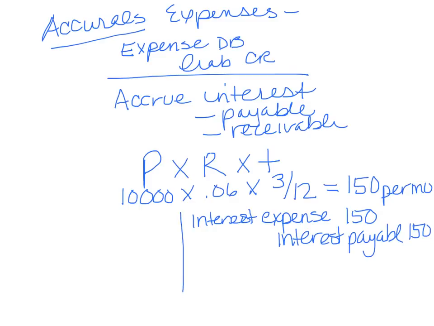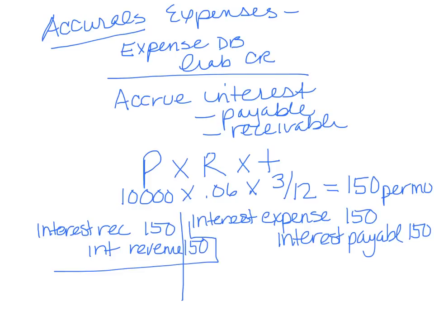Now, if it had been a notes receivable, like our example in class the other day, where they gave you the $250, we would debit interest receivable, and I'm abbreviating, for $150, and we would credit interest revenue for $150. That is how you do interest calculation.